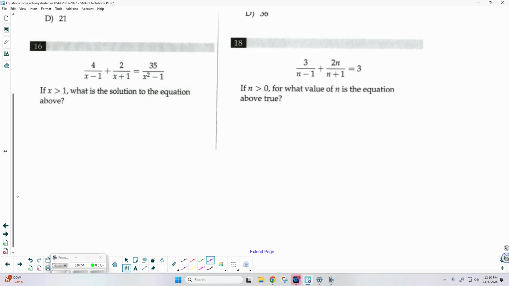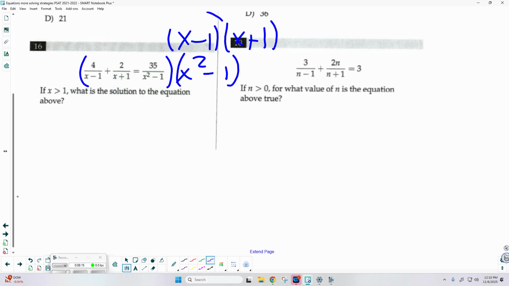LeSean, you want to do it? Okay. All right. So LeSean, what are we going to do? So common denominator is x squared minus 1. So multiply both sides by that. And then, because x squared minus 1 is x minus 1 times x plus 1. Difference of squares, okay.